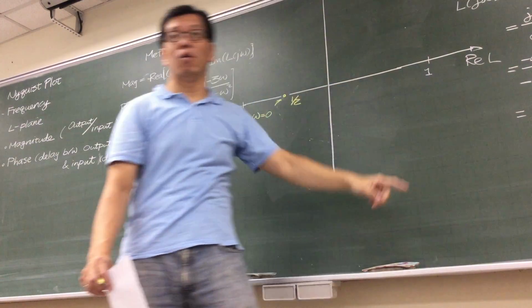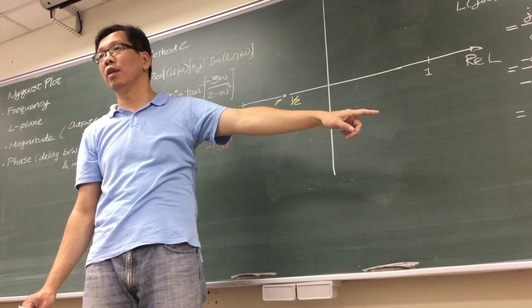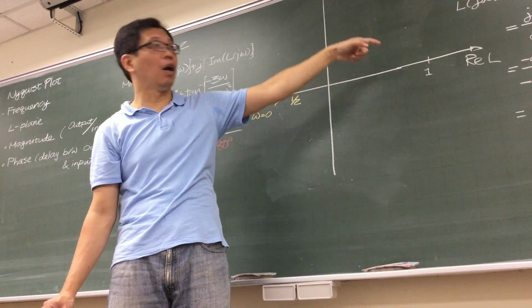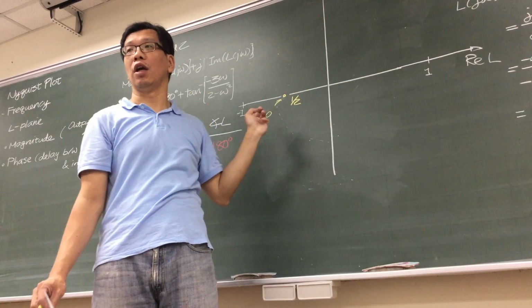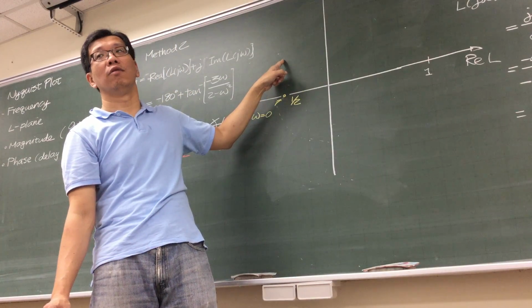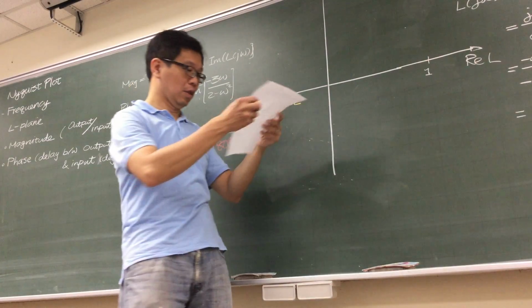Keep in mind, what kind of angle are we having? Negative 250. So when you say negative 250, do we start from here or from here? From here. So this is negative 180. Negative 250 something is over here.